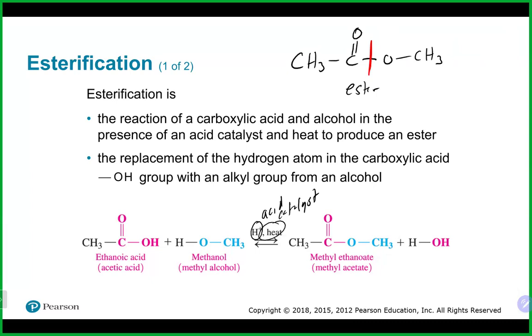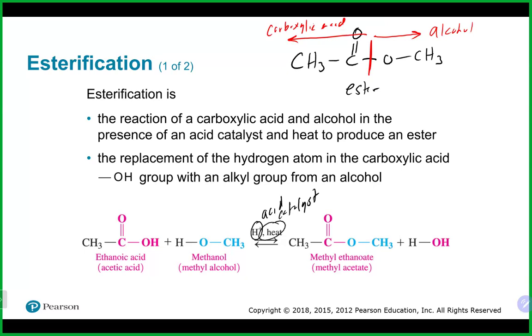If you head away from the carbon oxygen double bond, that's going to take you to the alcohol part of your ester. And if you go through the carbon oxygen double bond, that is going to take you to your carboxylic acid part of your ester. And that's really important because that is how we name these guys.